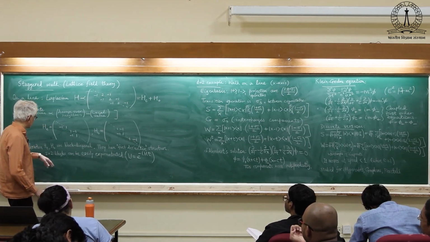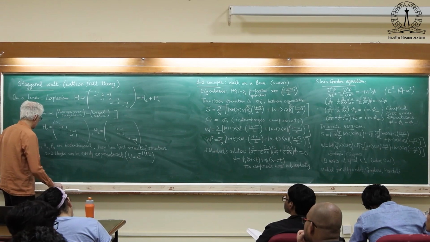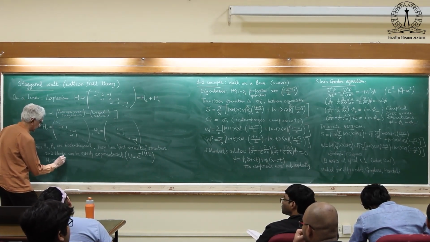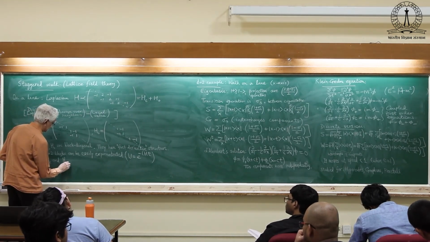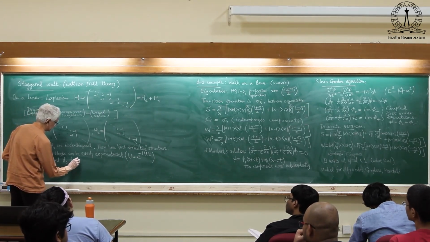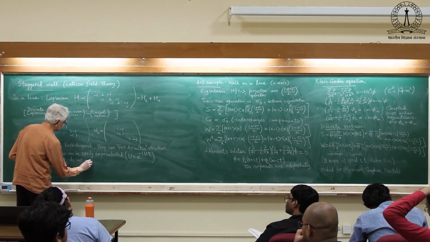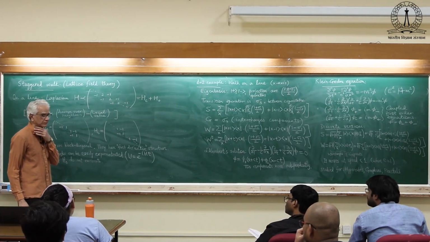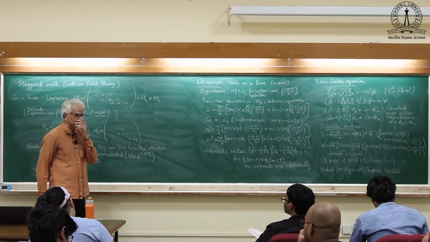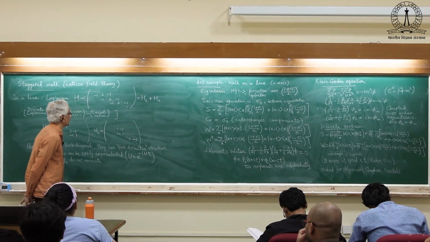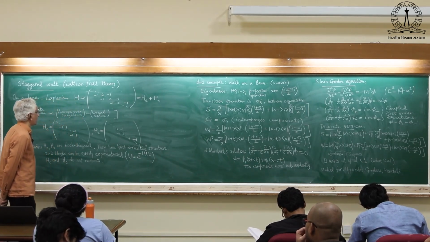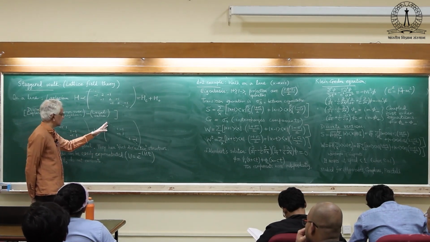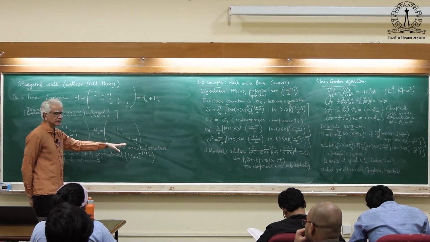So where is the quantum theory buried inside here? That this HE and HO do not commute. So block diagonal structure makes it actually translationally invariant.